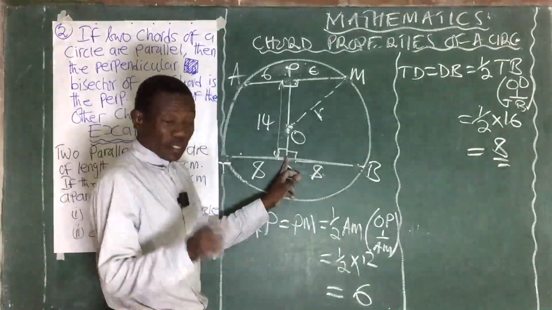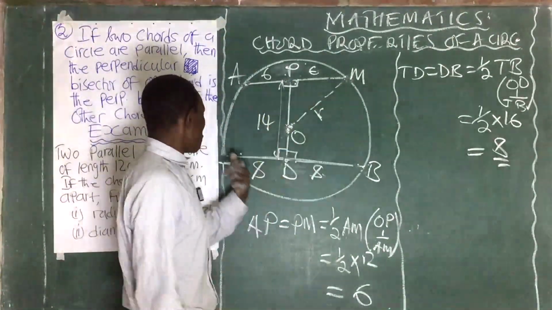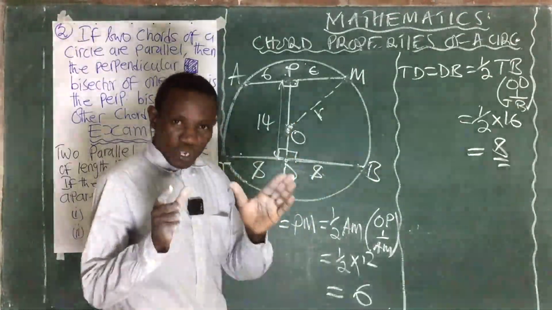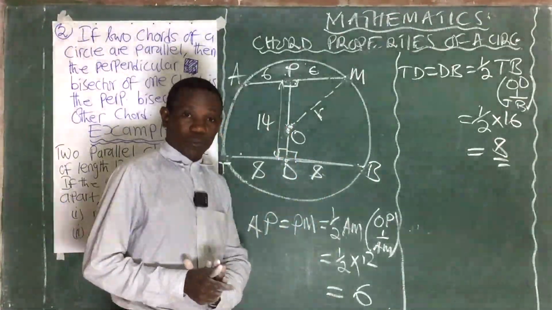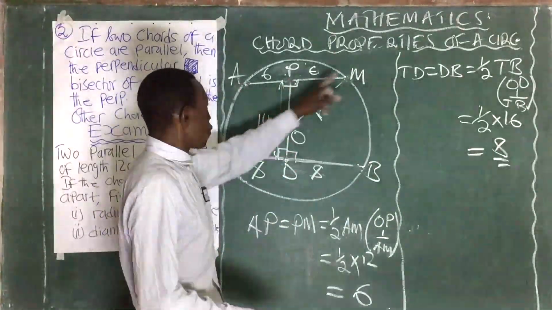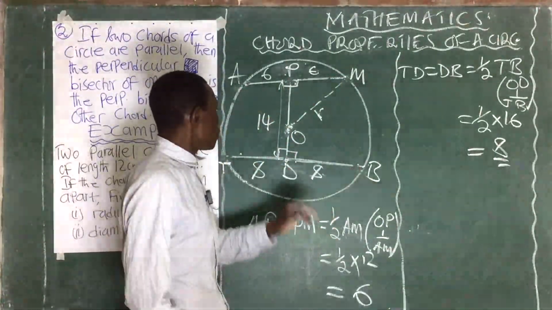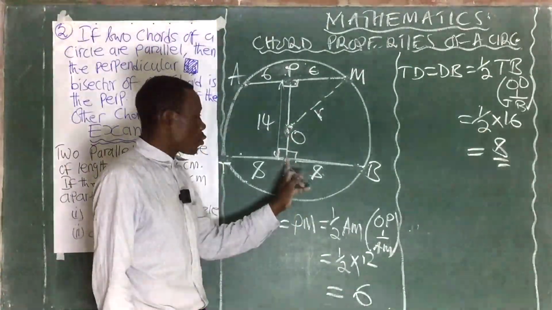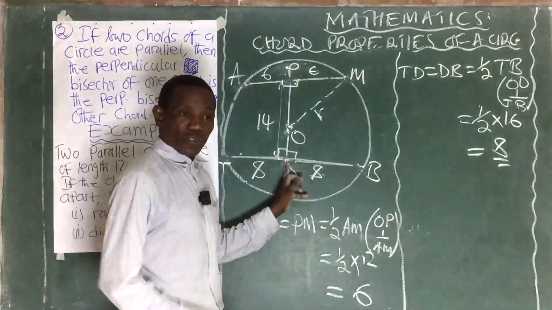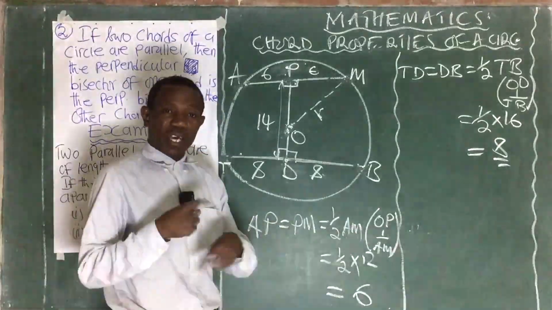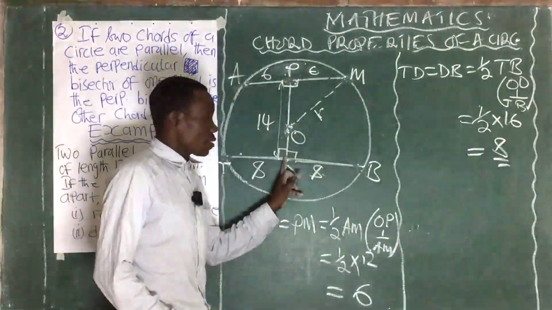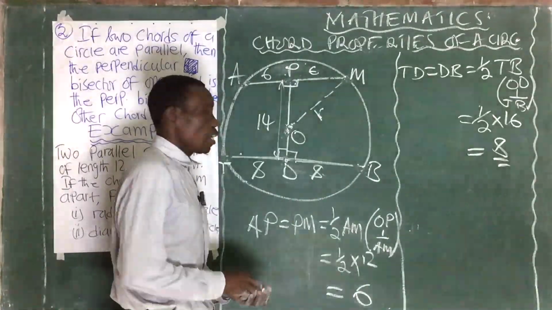No. Unless chord AM is equal to chord TB, the two chords will not be at equal distance from the center of the circle. But now we are not told that this chord is equal to that chord. So don't assume that the distance from P to O is the same as the distance from O to D. Right. So as such, we are going to use other mathematical applications in order to find the two distances. So what we do is this.